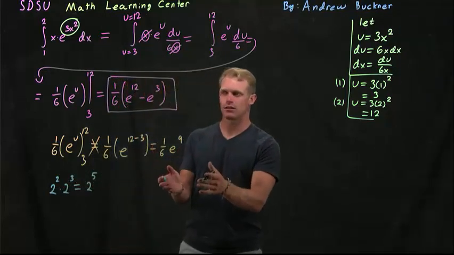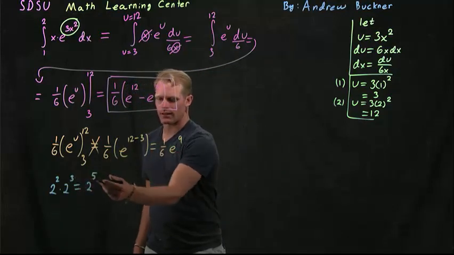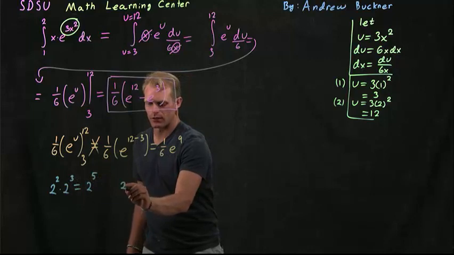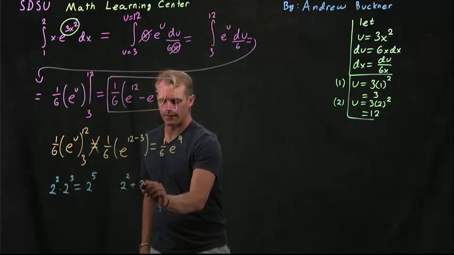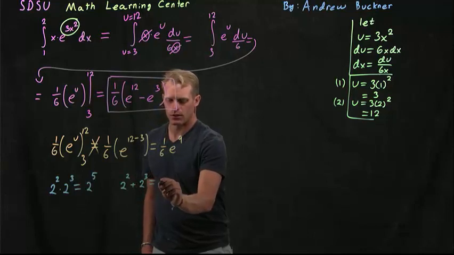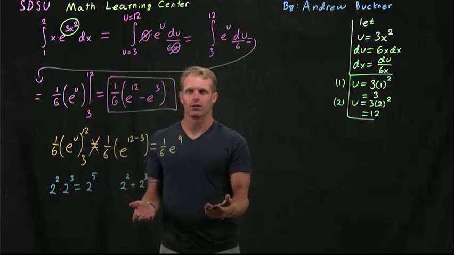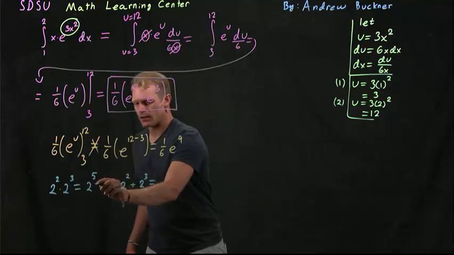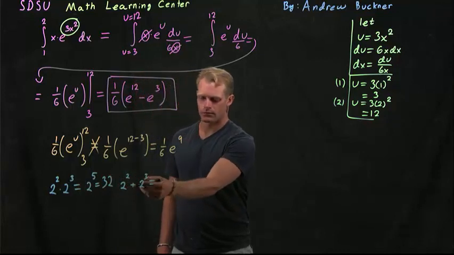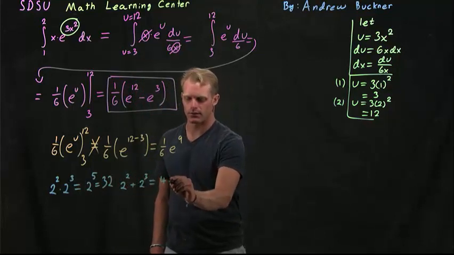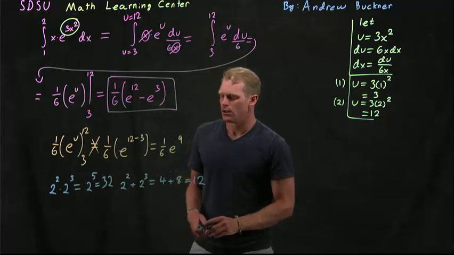In Marshall's case here, we can't add the exponents because we're now having a 2 squared plus a 2 cubed. If we expand this, here I get 32. When I expand this, I get 4 plus 8, which equals 12.